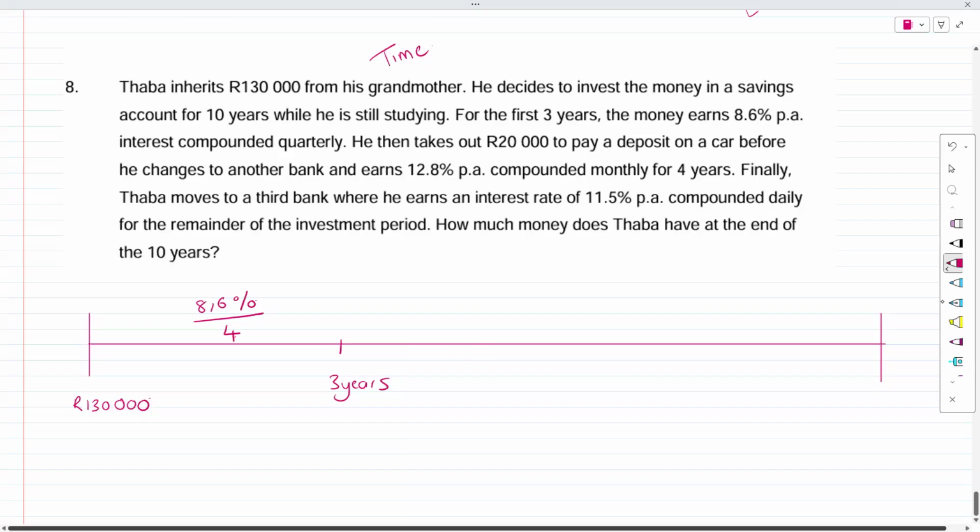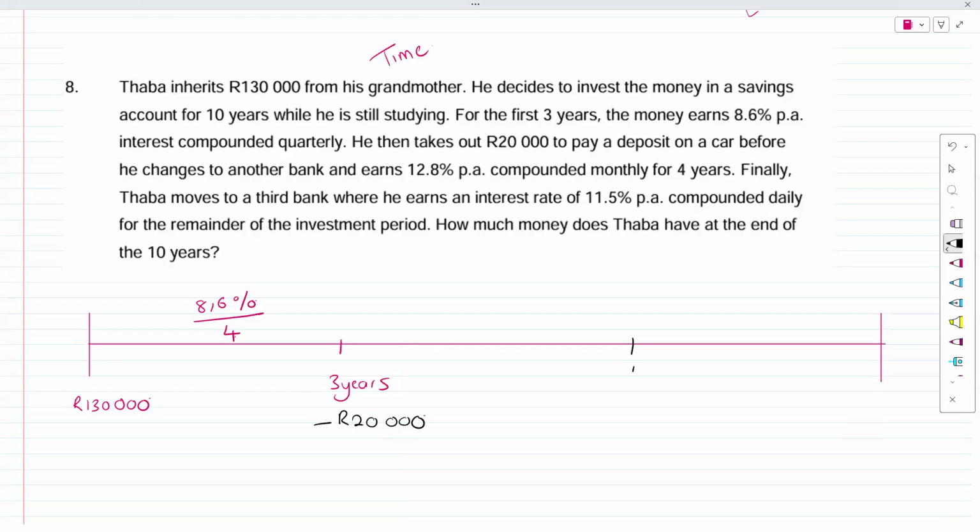Now, after 3 years, he decides, hey, I'm taking out 20,000 because I need to buy a car. So after he takes out 20,000, he changes the bank and he banks for another 4 years, but he now earns 12.8% compounded monthly, right?